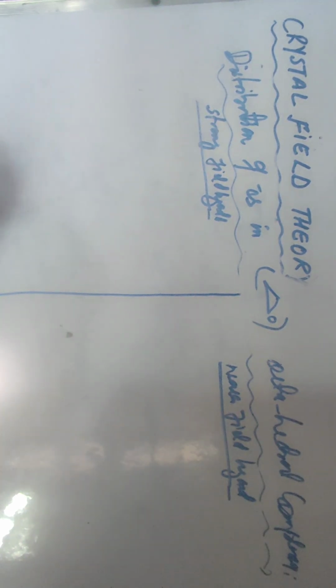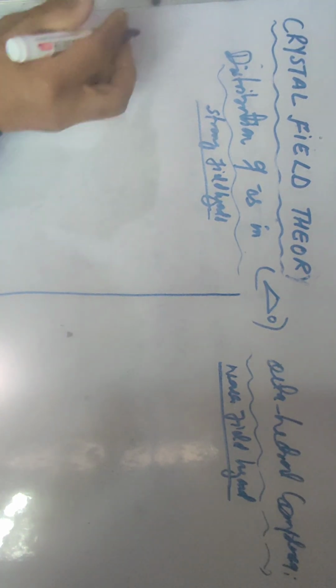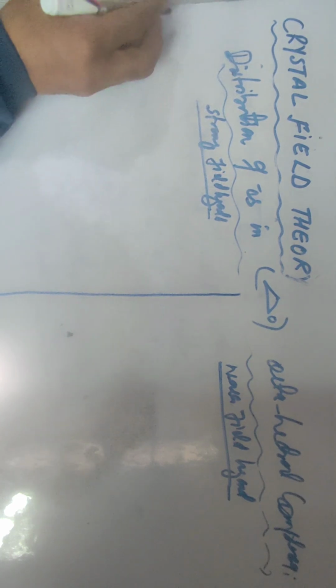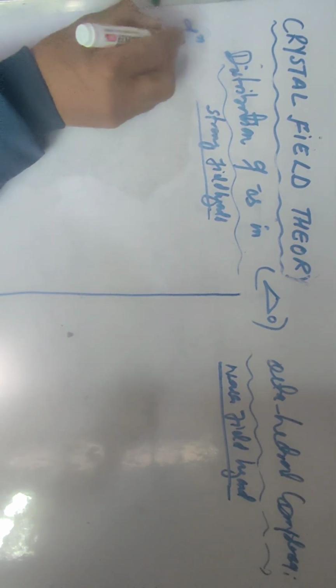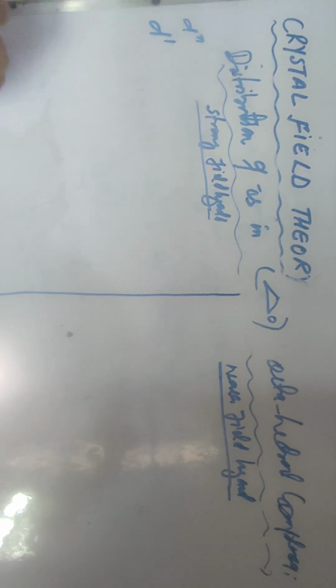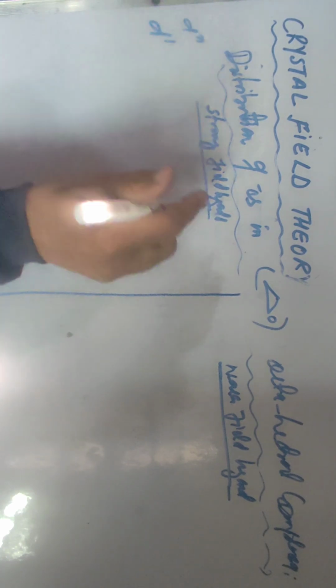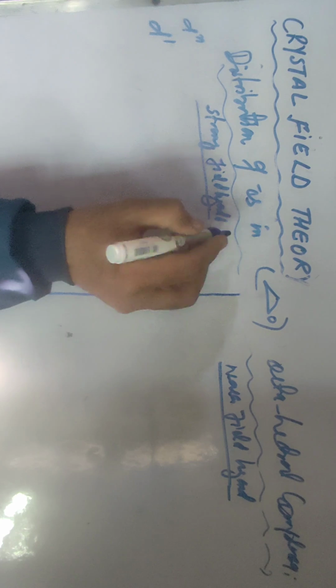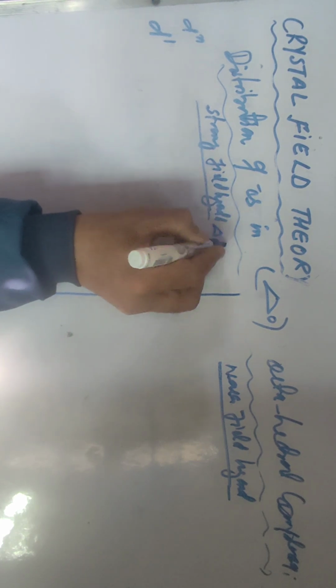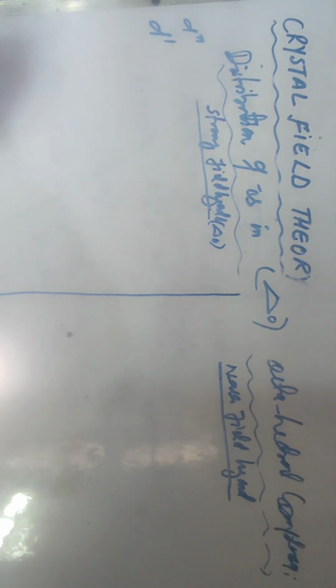Now if we start from d orbitals having at least one electron, that means if we have a d^n configuration, first we will start with n equal to 1, that means only one electron. This d orbital splits in octahedral complexes with strong field ligands, or we can simply write it as delta splitting of d orbitals.